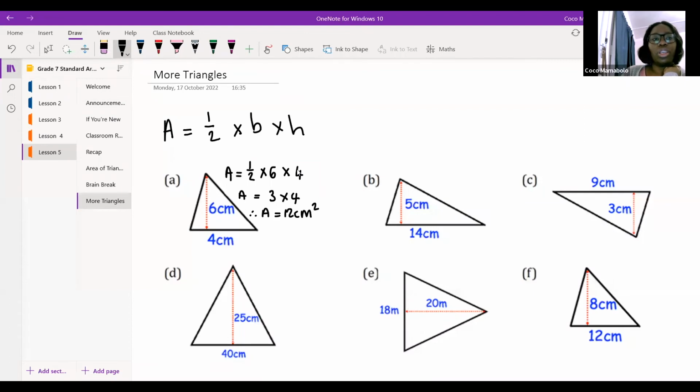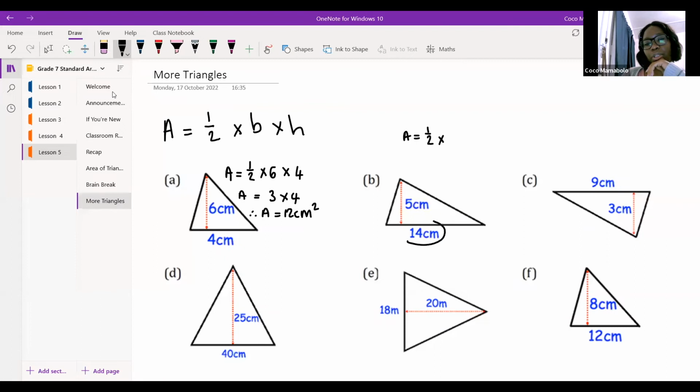Thank you. Inati, let's do the next one. Area is equal to half times base times height. What is the base, my sweetie? It's 7.